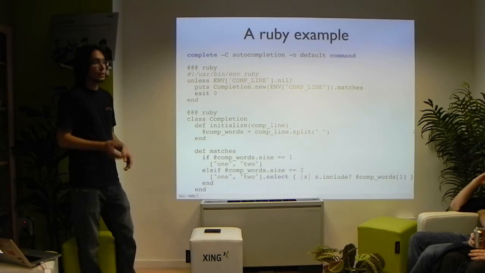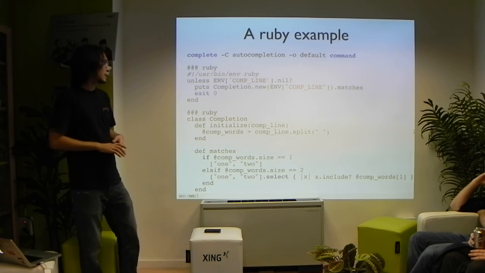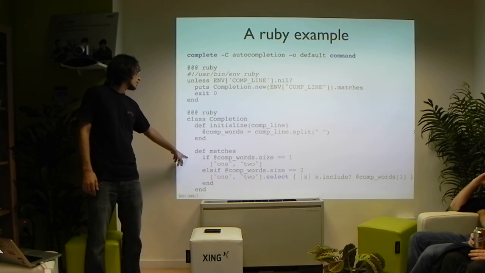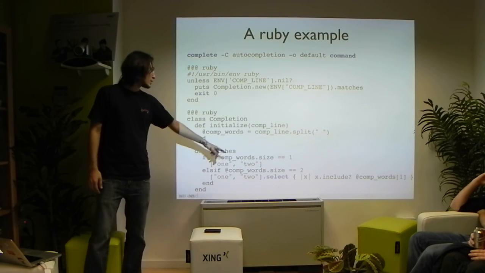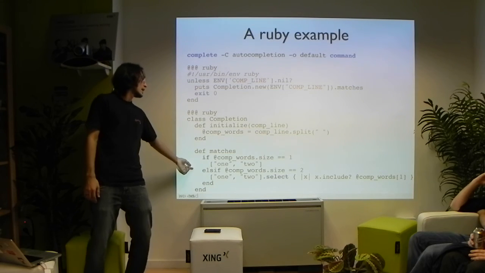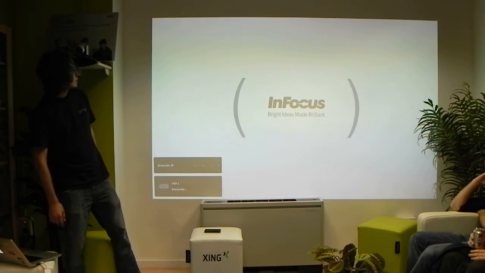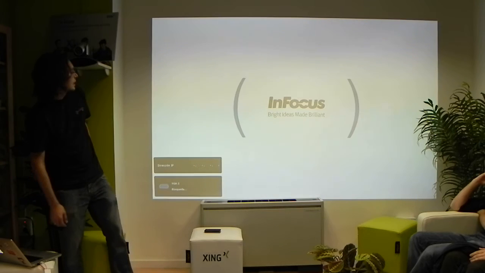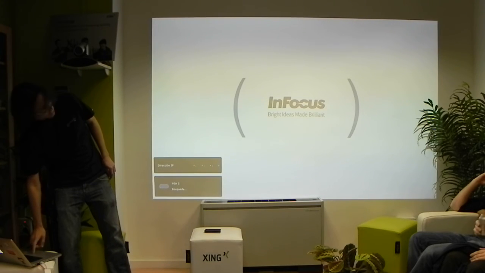I would recommend that you keep the whole line, because sometimes it can be interesting. And then we can do something like, okay, if my auto-completion has one word, then I return 1 or 2. If it's bigger than 2, then I return all of them.